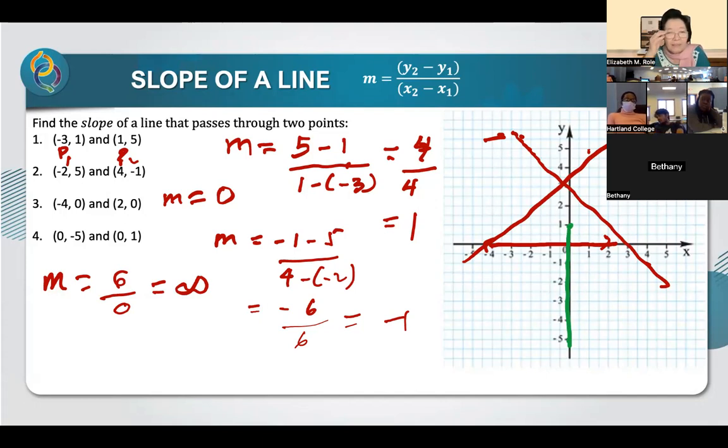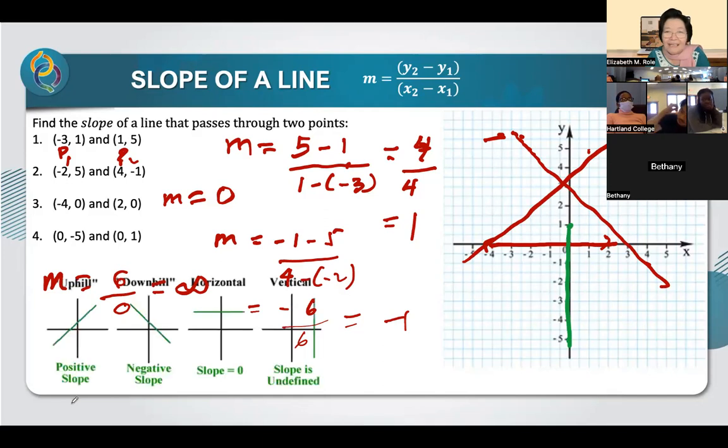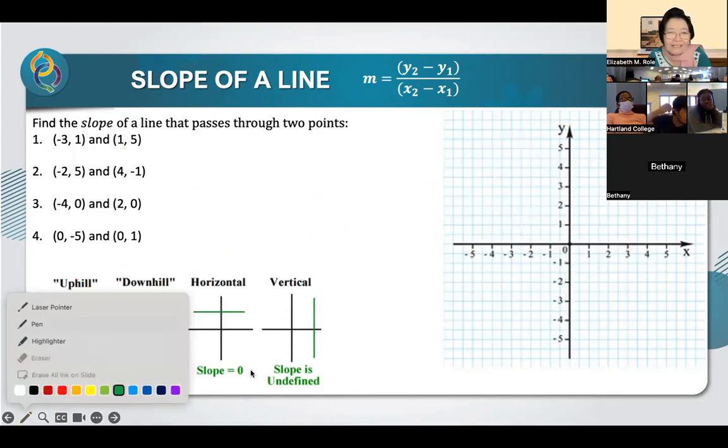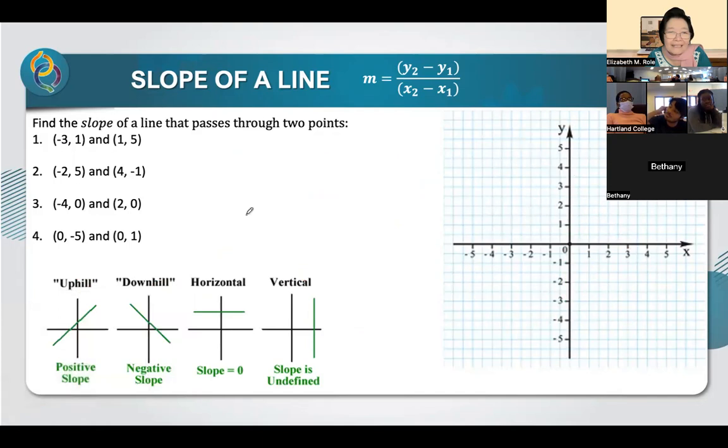So these are some important pictures of a line when you know the slope. If the slope is positive, it rises to the right, okay? If the slope, let me erase everything so that you can see, is negative, it's downhill.